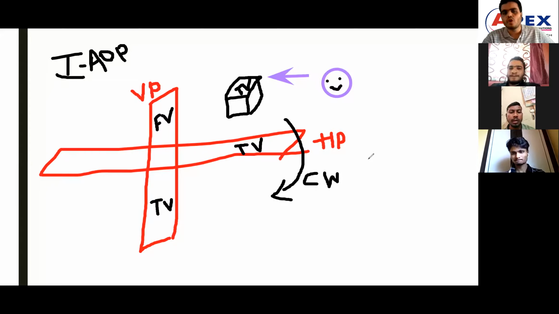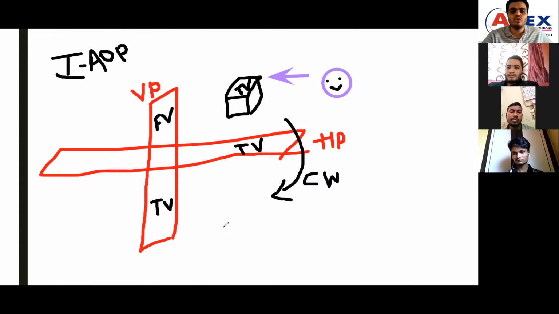Okay. Now we can write, technically, when you are observing the car from the front side, that is the front view to the observer, right? If the observer is observing the car from the back side, then that back side is the front view to the observer.